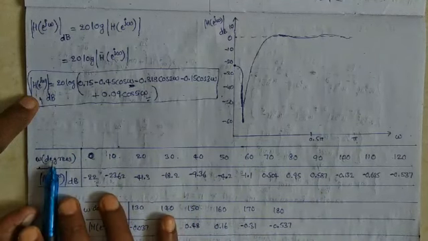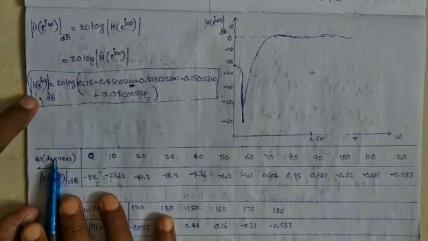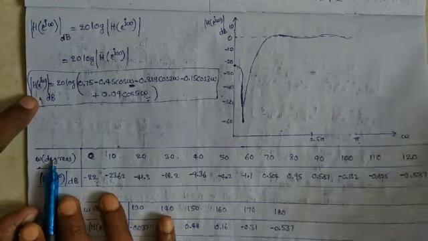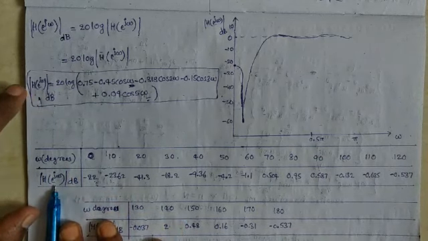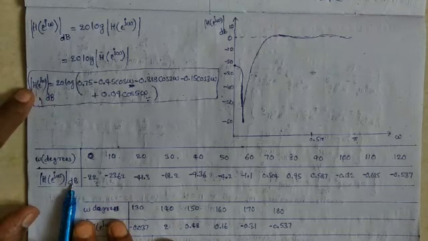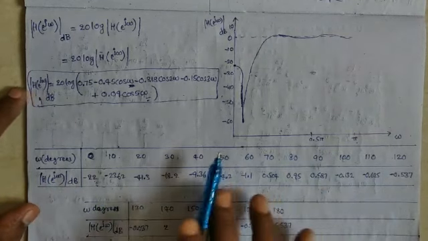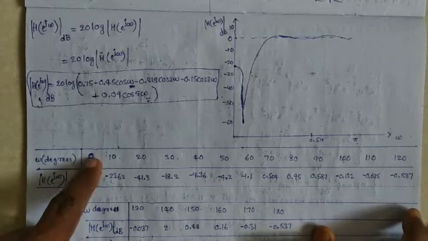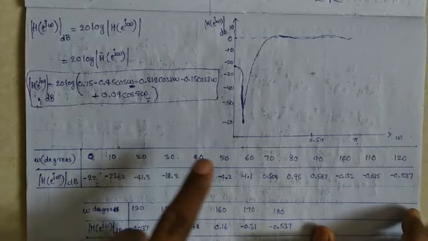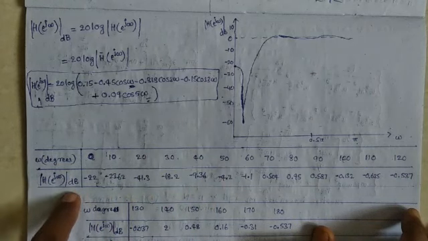In one column we are taking omega in degrees, and in the second column the decibel magnitude of h of e power j omega. For every omega value we calculate the decibel magnitude.